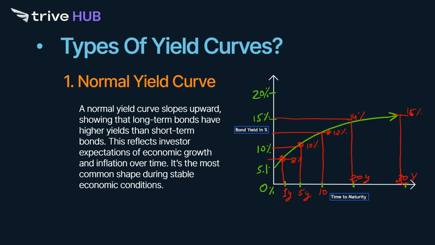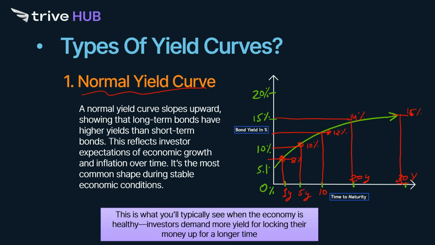This is upward sloping, so that is why it is a normal yield curve. You need to remember that. What will be the impact of this scenario on the economy? This is what you typically see when the economy is healthy. Investors demand more yield for locking their money up for a longer time.